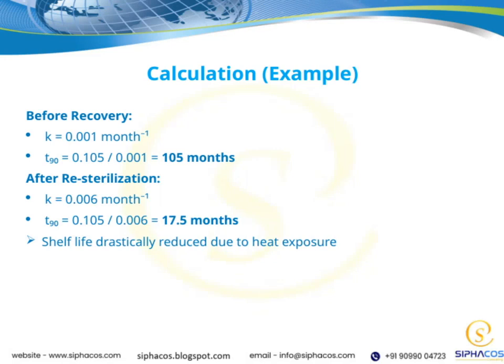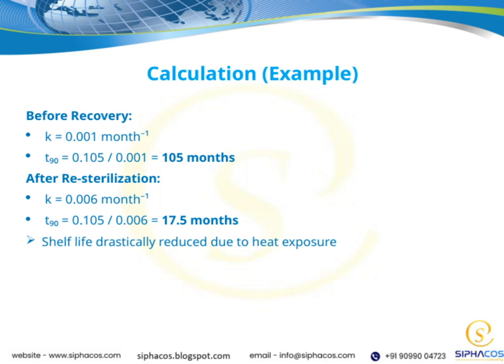All right, let's walk through this calculation example. Before recovery, we have a rate constant, K, of 0.001 month^-1. Using that, we calculate the time to 90% sterilization, or T90, by dividing 0.105 by the K value, which gives us 105 months. This means, initially, the product has a fairly long shelf life. Now, after re-sterilization, the rate constant increases to 0.006 month^-1.